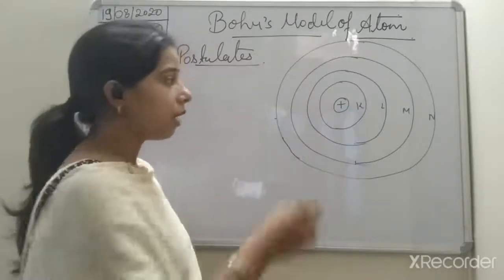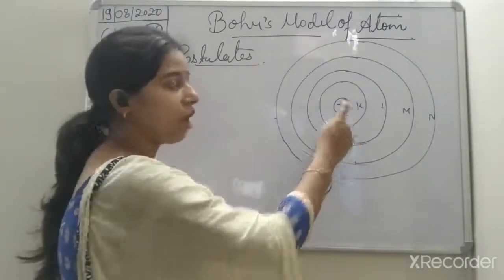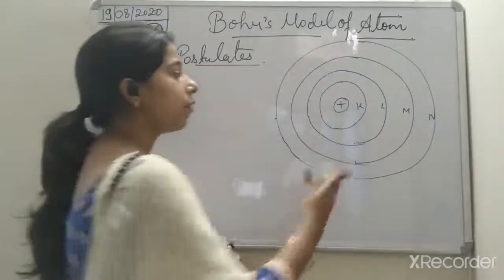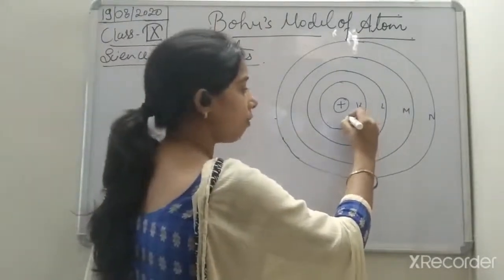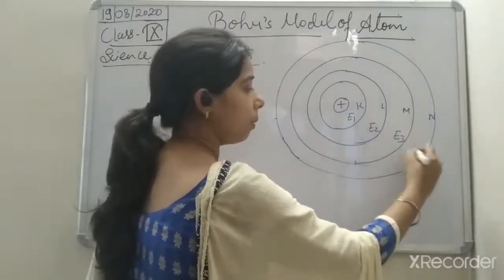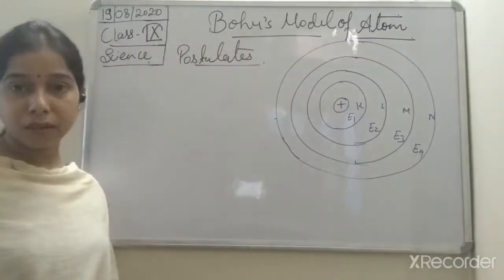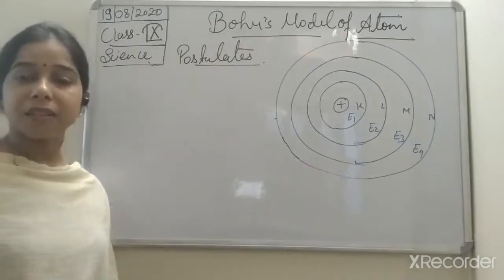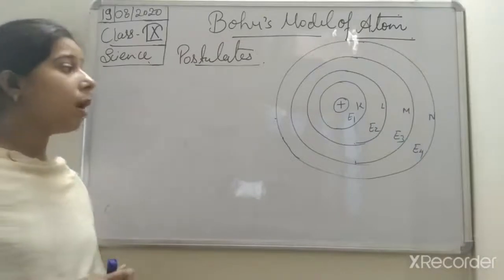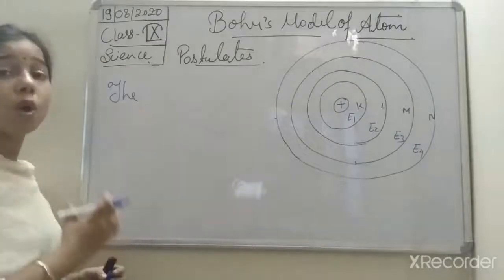The electron which is having the minimum energy enters the shell nearest to the nucleus. Suppose this is the energy of K, E1, then it will be E2, here M, it will be E3, and this it will be E4. They all have different energies from each other, but each is a fixed energy present in that orbit.